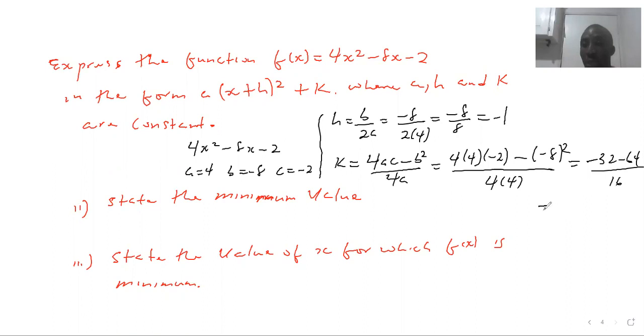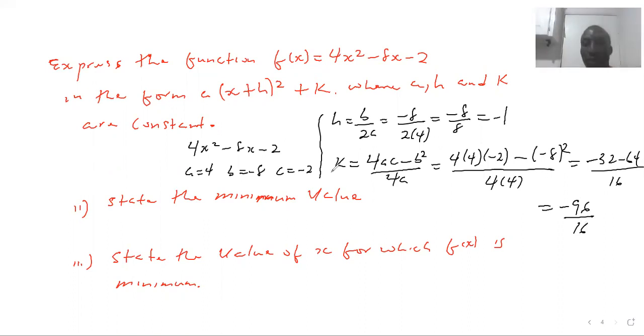When I work out this, let's see, negative 32 minus this will give me negative 96. We get negative 96 over 16.